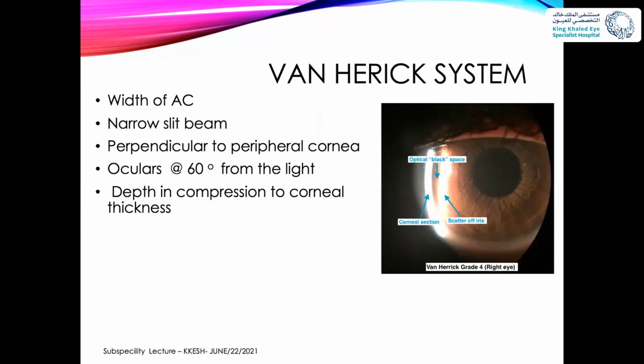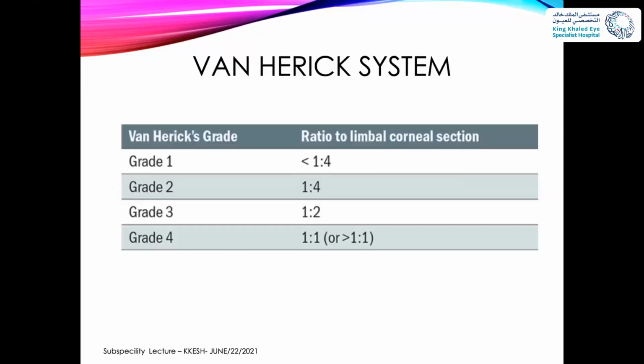For the width of the AC, you have to shine a narrow slit beam, the one that falls on the cornea and the second one that falls on the iris, and you keep your light beam at 60 degrees away from the light, and therefore you will be able to judge the depth of the AC. The depth of the AC can also be divided into a grading system.